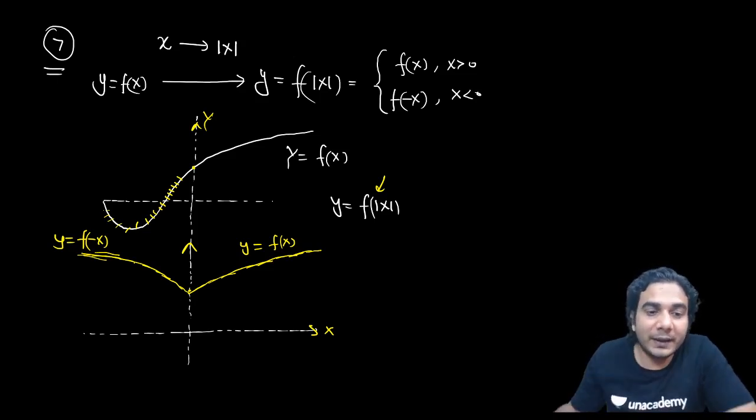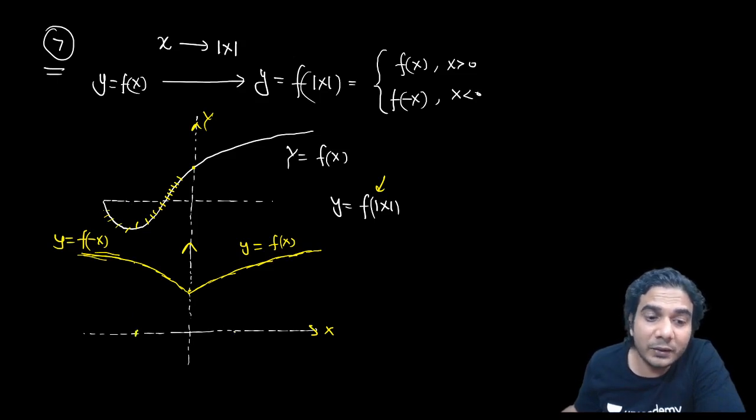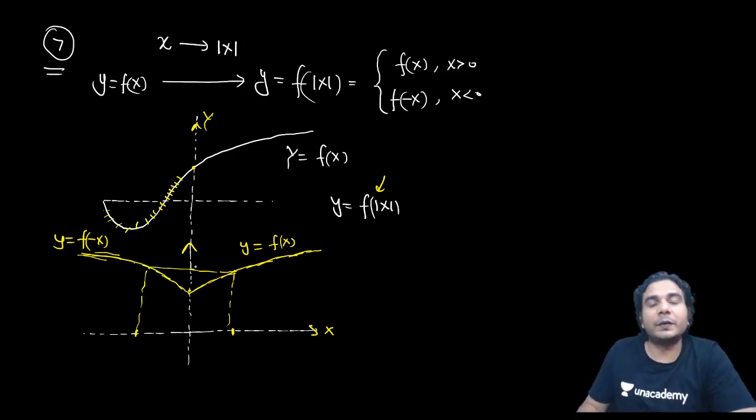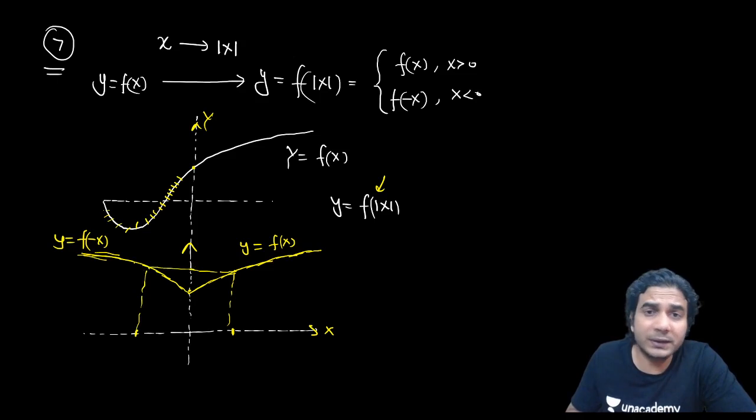Like if you put +1, you are getting this value, and by putting x equals -1, again you'll get the same value. So for plus x and minus x, you'll get the same value. So this graph will obviously be symmetric, and this part will disappear. The portion of the graph which lies on the left side of the y-axis, you need to remove it, and take the mirror image of the graph which is on the right side of the y-axis about the y-axis, all right? So that will complete the graph.